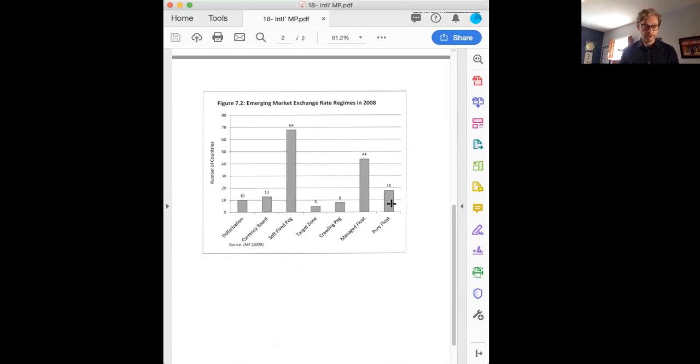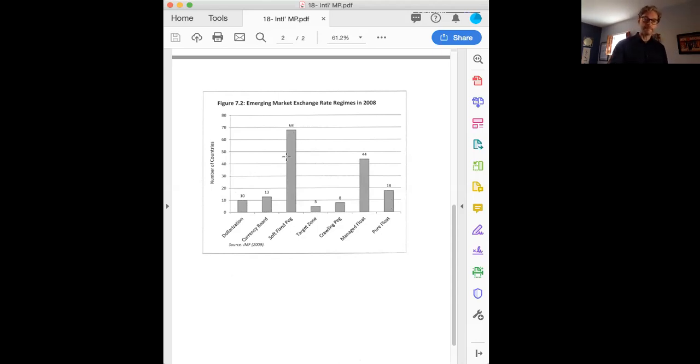There's a currency board, which is basically what the Bahamas does. The Bahamas has its own currency, the Bahamian dollar, but it's actually backed by a US dollar. So every Bahamian dollar is backed by a US dollar. That's what a currency board is. So it's essentially like using US dollars, but it gives you some ability to have your own currency.